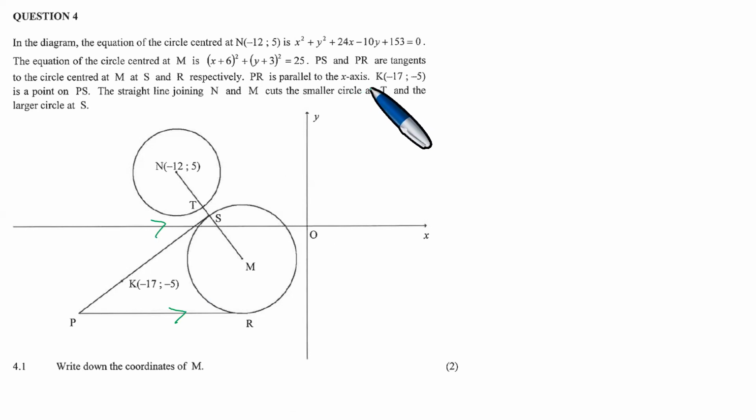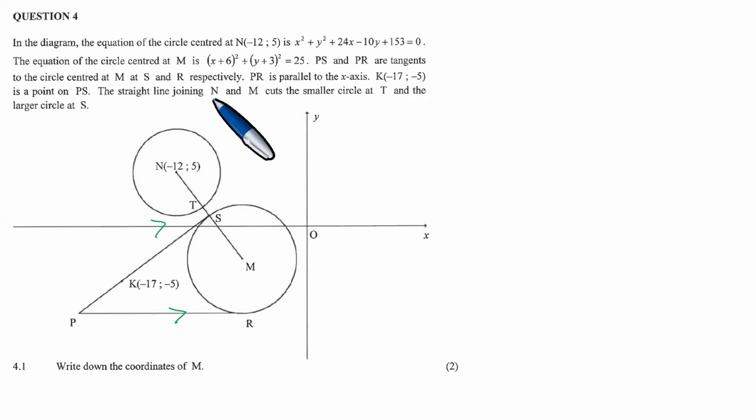What is K? K has the coordinates (-17, -5), and is a point on PS.